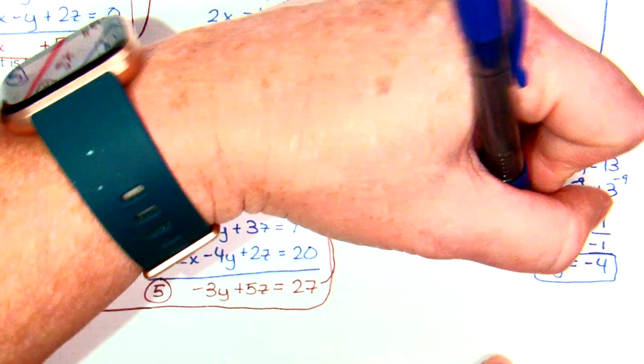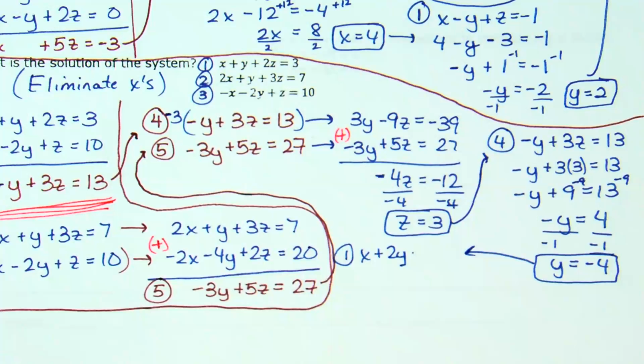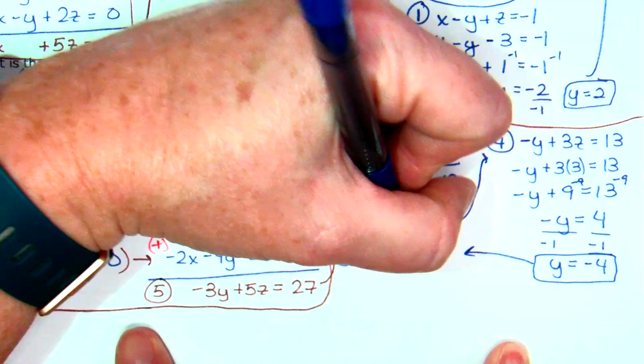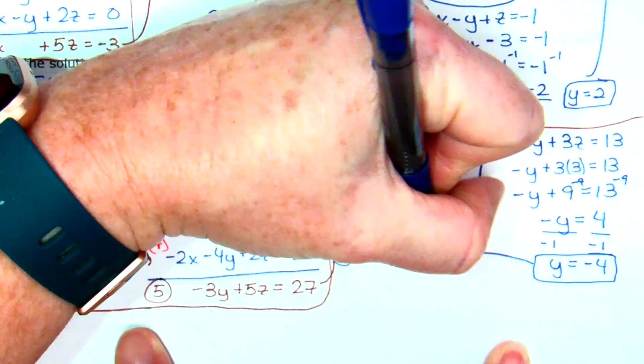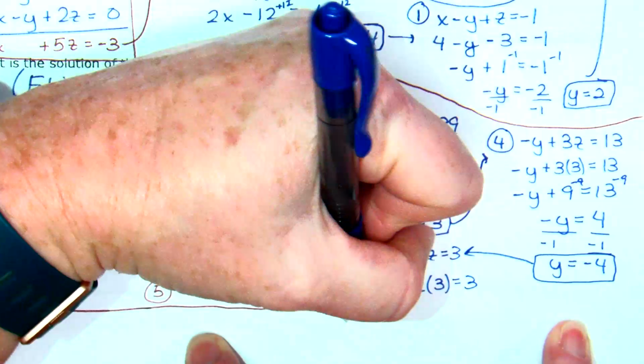I'm just going to use equation 1 here for anyone that cares. X plus 2y, excuse me, dang it. I'm trying to be quick, and it's not working. So x plus y plus 2z equals 3. So x plus y is negative 4, plus 2 times 3 equals 3.